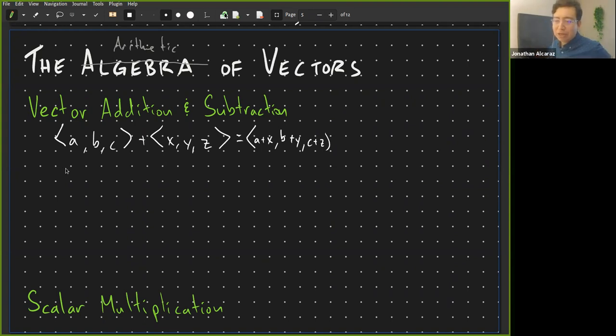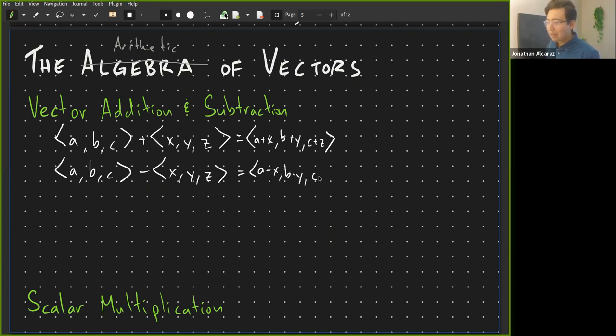And subtraction works the same way. If you have a, b, c minus x, y, z, then this is just a minus x, b minus y, and c minus z.